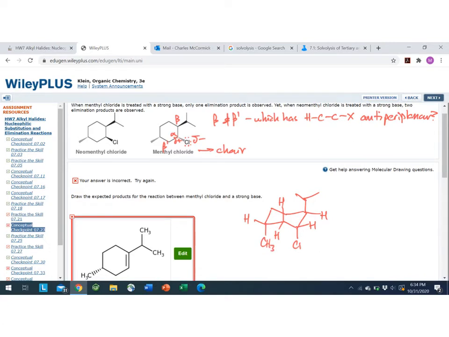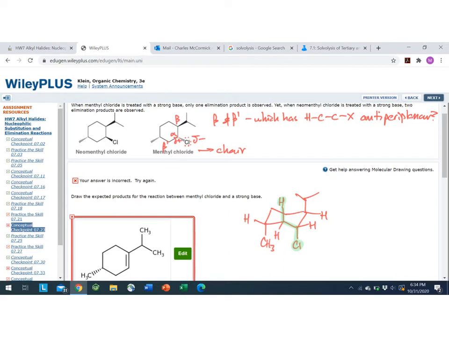So in this conformation, I'm going to outline in green highlighter this H. In that conformation, that is the correct orientation for an elimination. So if you were to look down this sigma bond, you would see that this H-C-C-Cl is 180 degrees.